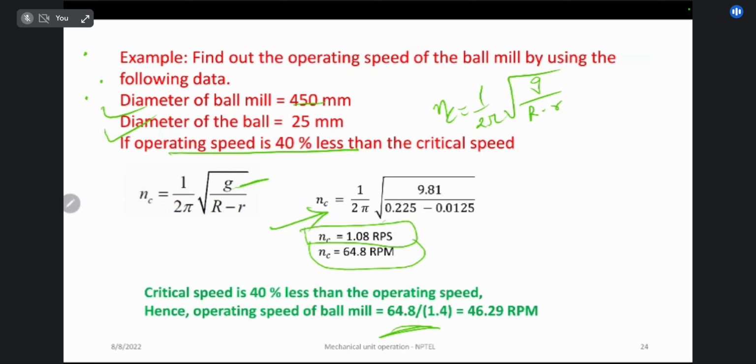So this is all about the size reduction operations and what kind of examples come from this discussion. That's why we started with the basic discussion of what size reduction is, what forces are used, what the laws, work index and requirements are, why it is important, and which equations we follow.